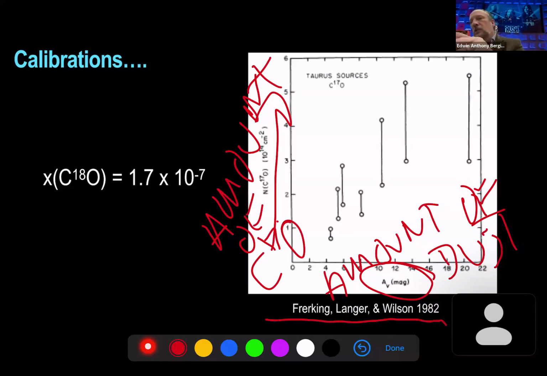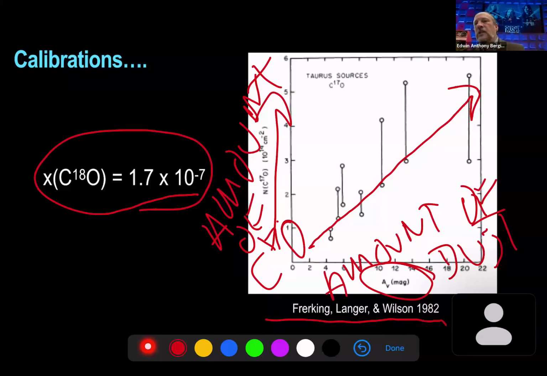But what they showed is that the amount of C18O correlates with the amount of dust. All right, and if they then correlated the amount of dust, in this case to hydrogen. And when was that? That was the paper in the 1980s that I alluded to, where you had the H2 column density versus dust. And from that, they were able to derive a standard abundance of CO.